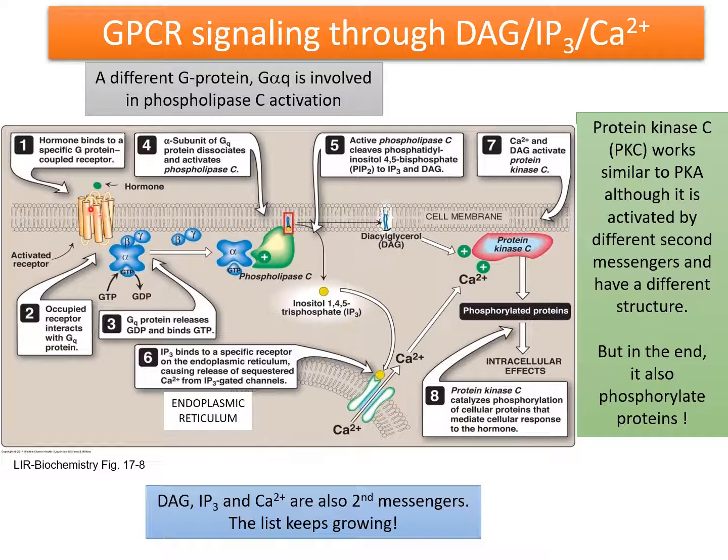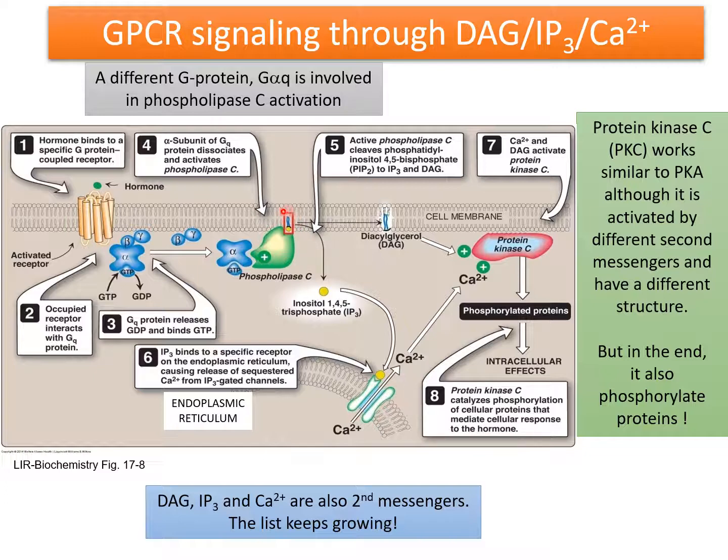You have your G protein coupled receptor here, which is going to activate a heterotrimeric G protein. The alpha subunit bound to GTP, in this case, instead of binding to adenyl cyclase, is going to bind to phospholipase C. And when it binds to phospholipase C, it's going to cleave this molecule here.